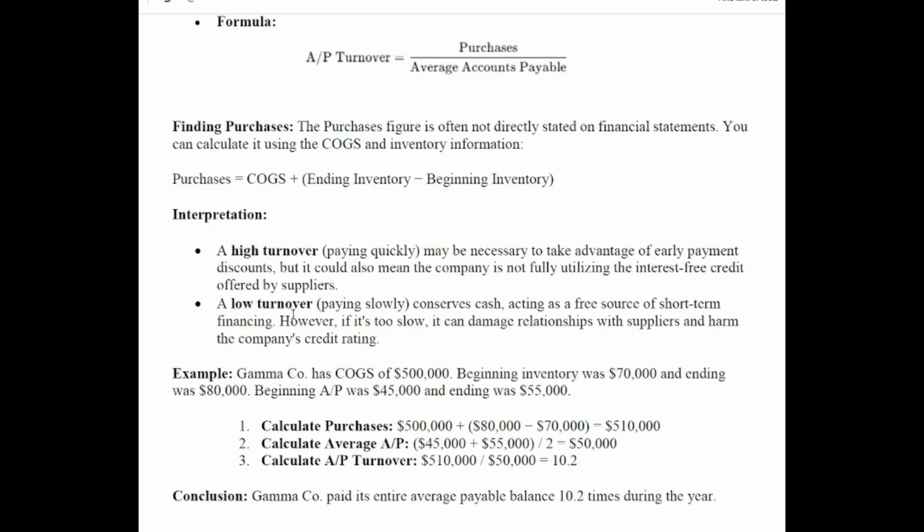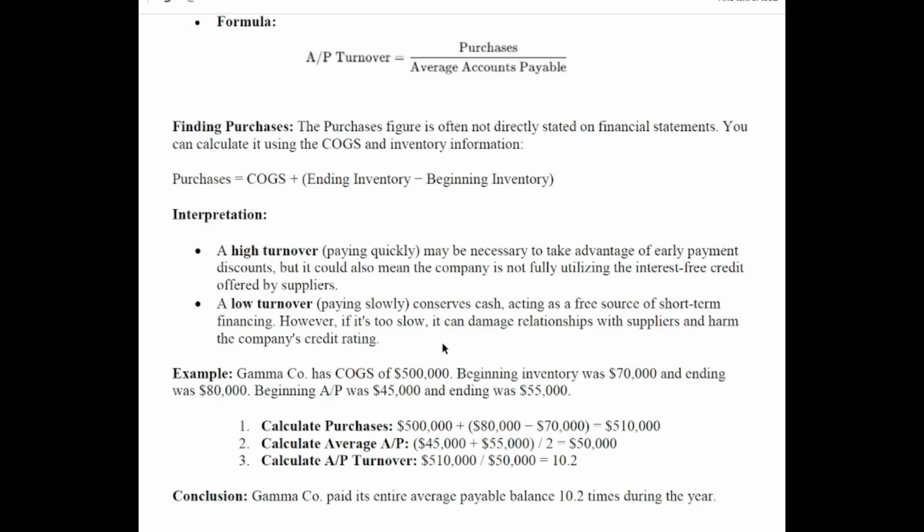A lower turnover means we are paying slowly, which can act as a free source of short-term financing. However, if it is too slow, it can damage the relationship with the suppliers and harm the company's credit rating.